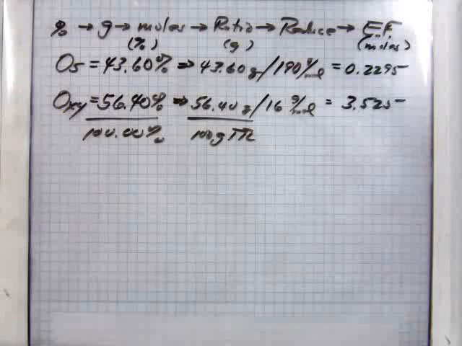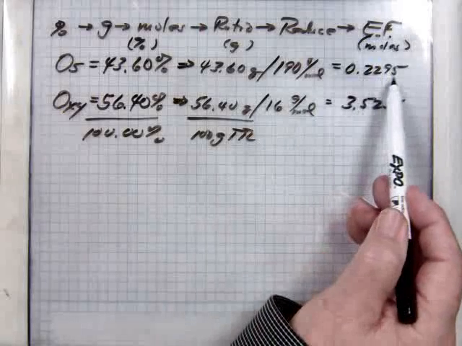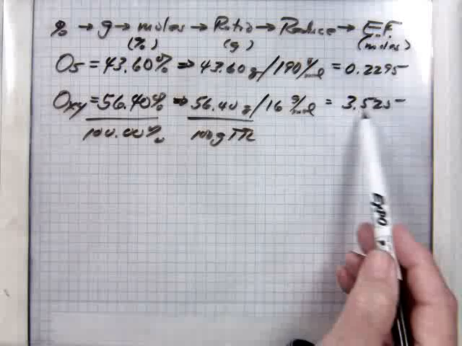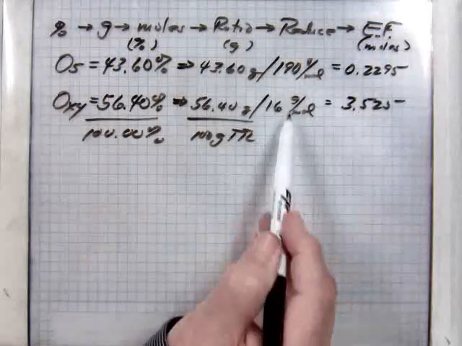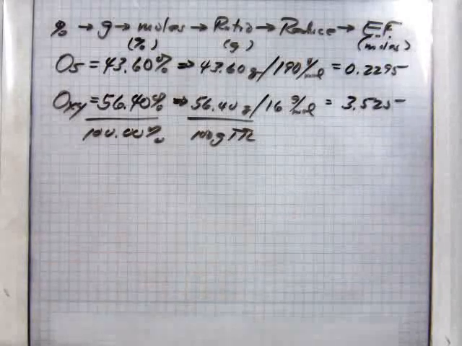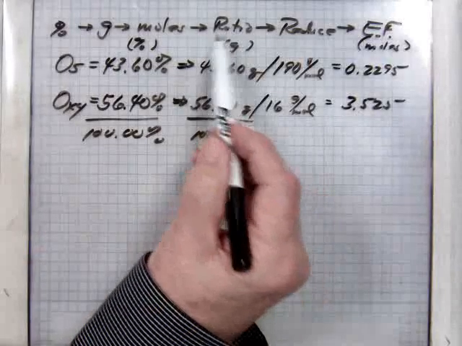So the moles of osmium now, 0.2295 mole of osmium, and oxygen is 3.525, simply divided by the formula weight of each substance.